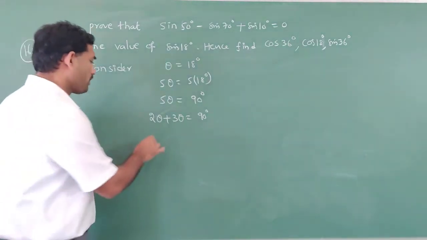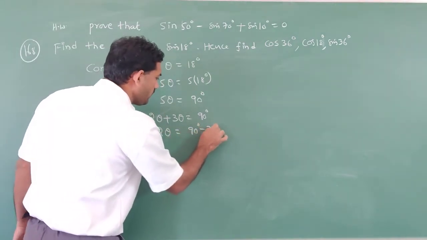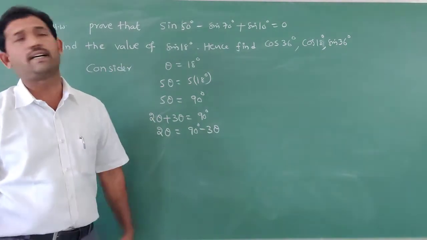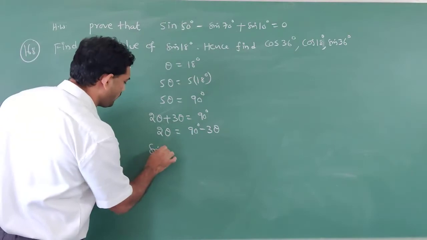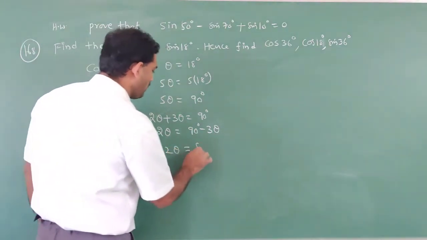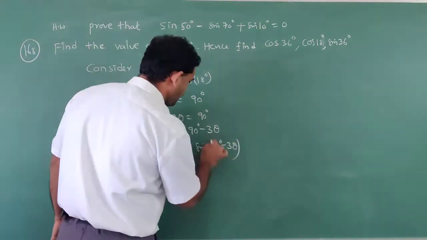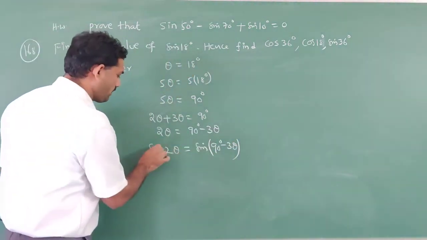So 2 theta equals 90 degrees minus 3 theta. Then consider sine on both sides: sine 2 theta equals sine of (90 degrees minus 3 theta). Understand?